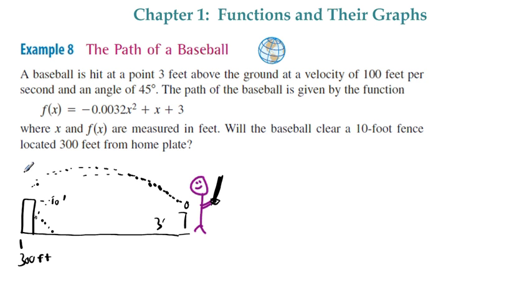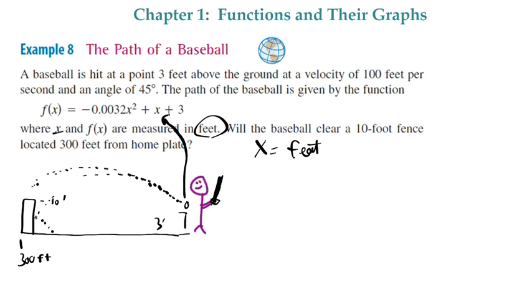So what's really neat is that they give us a function right here, and this function represents how this ball travels. So this ball travels using this equation right here. Okay, and let's think about this. What does x represent? It told us in the problem. It says where x is measured in feet, meaning these are our feet right here.